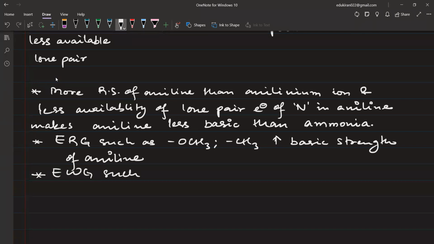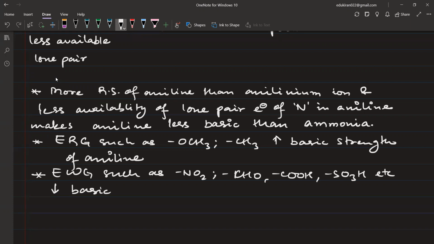Electron withdrawing groups such as NO2, COH में तो नहीं होगा, CHO, कार्बोक्सिलिक एसिड आ जाएगा तो उसकी तो एसिडिक कैरेक्टर हो जाएगी. Then SO3H etc. decreases basic strength of aniline.